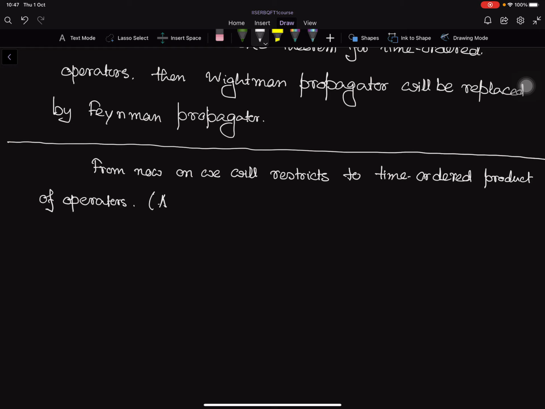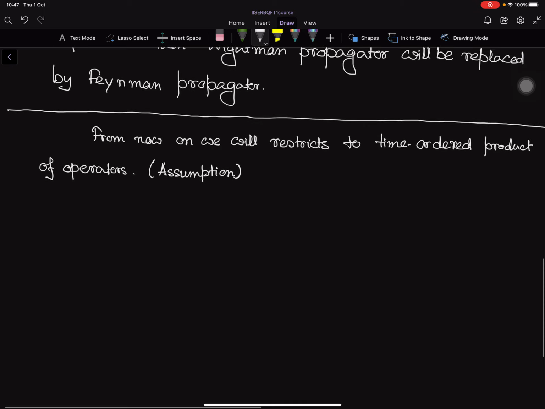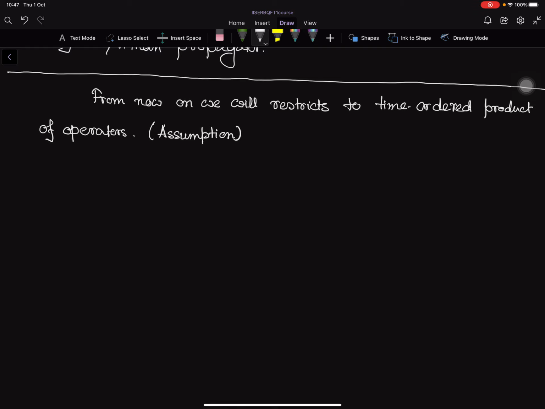This is our assumption. The reason behind this assumption will come later, so at this point just assume it, okay? Our goal is to compute the vacuum expectation value of such things.